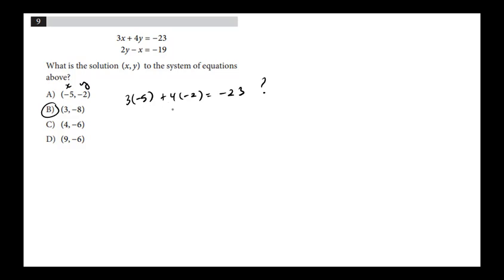So minus 15 minus 8 is minus 23, but you have to also sub it in here. 2 times minus 5 minus minus 2, does that equal minus 19? Minus 10 plus 2 does not equal. So this one doesn't work. And if you sub in this one, it's going to work in both equations. So another way is trial and error.